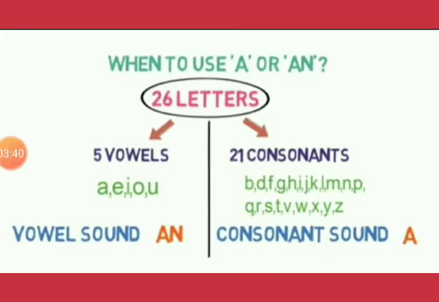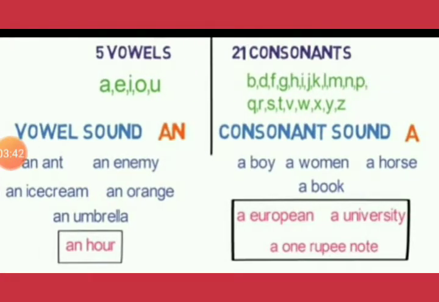Okay. Now, an enemy, an ice cream, an orange, an umbrella. These are all examples of vowel sounds, and there is one exception. Look, an hour.